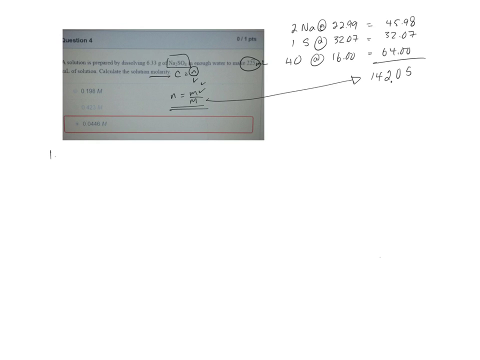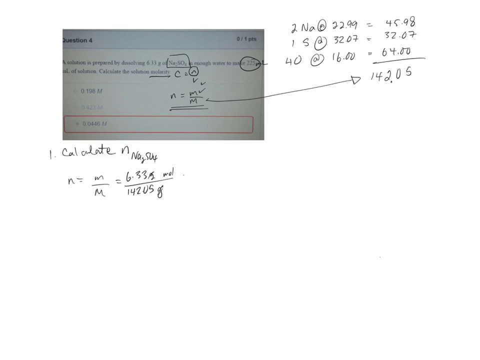So first I'm going to calculate the moles of sodium sulfate. So moles is equal to mass over molar mass. The mass is 6.33 grams. The molar mass is 142.05 grams per mole.